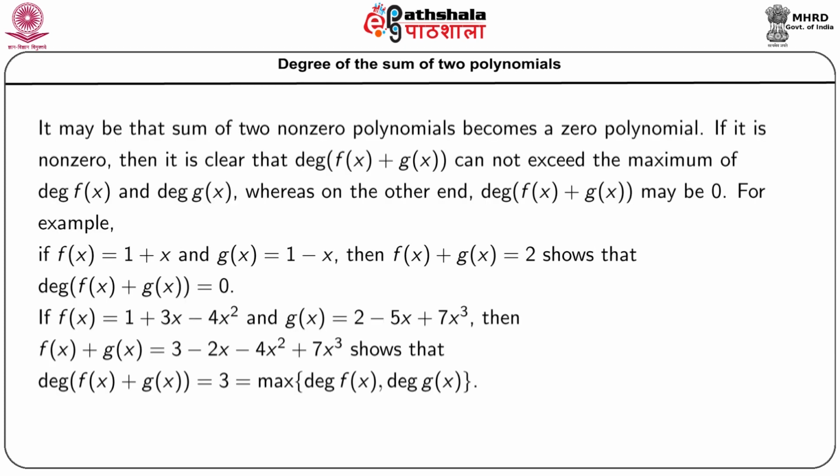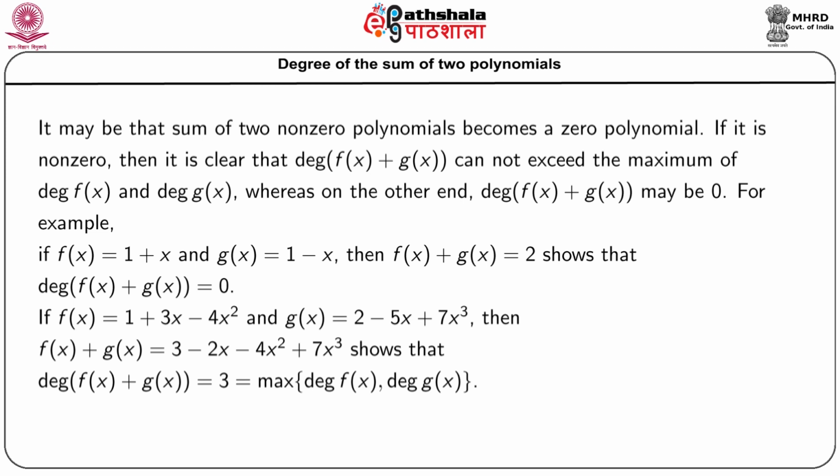And now, we consider the degree of the sum of two polynomials. Is there any relation between the degree of f(x)+g(x) and the degrees of f(x) and g(x)? Let us see. Consider f(x) equal to 1 plus x and g(x) equal to 1 minus x.